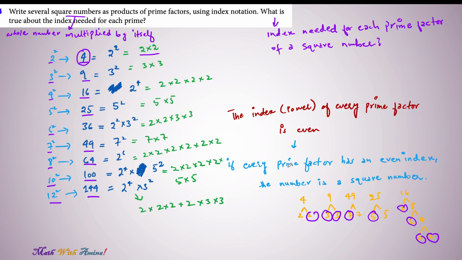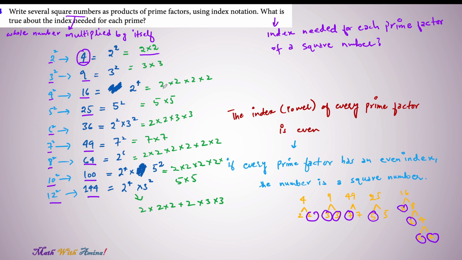I have not done it for all because we have already practiced it in the previous question, so it would be a repetition. However, to express each square number as a product of prime factors, I have expressed it in here.